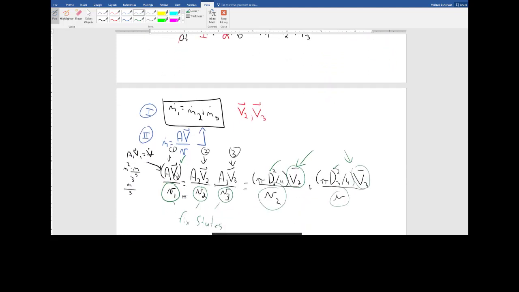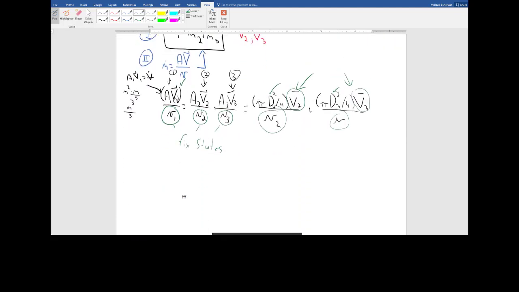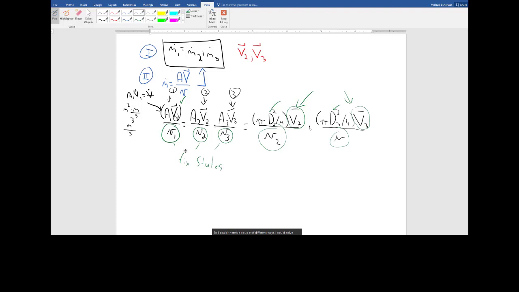So there's a couple different ways I could solve this. It's good, I have a separate equation. So that's my equation 1.